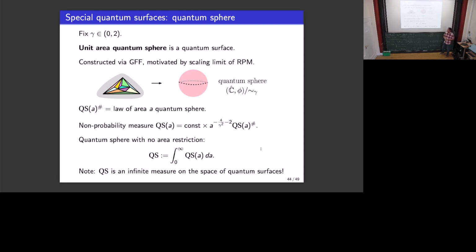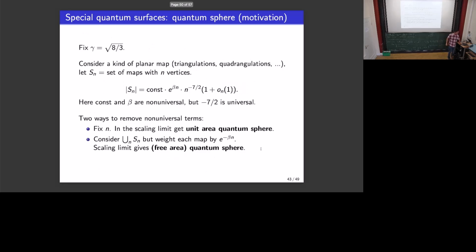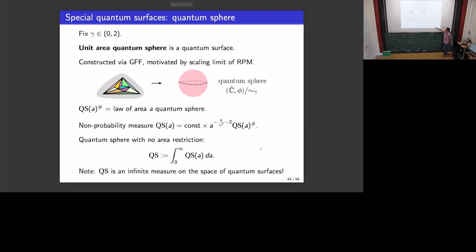Now, starting with this probability measure QSA, you can define a non-probability measure by adding this power law term to it. So this is analogous, in the previous slide, to this n to the minus 7 over 2. N is the area of your map, and you're weighting by the area to the minus 7 halves.